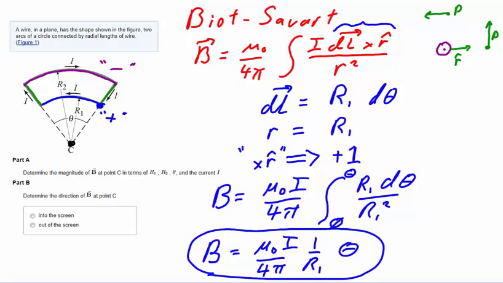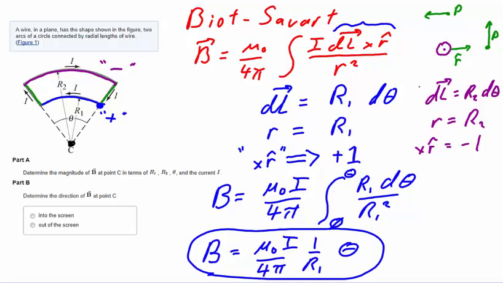The outer purple arc can be calculated in a very similar manner. The length element dl will be r2 times d theta. The radius, distance between each piece of current and the place where we're doing the calculation, is r2. And we will handle the cross r hat term by using a -1 because we recognize that the contributions from the purple arc are directed into the page.